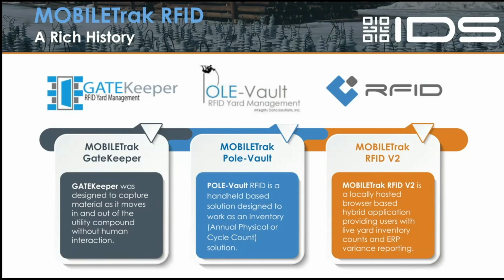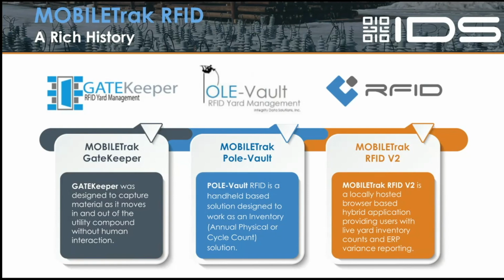Some customers were doing full physicals, but for some of these yards, they're pretty large, right? It would take days to do a physical count, even though you're just wanding this mobile device past the assets. So typically we would do a cycle count.